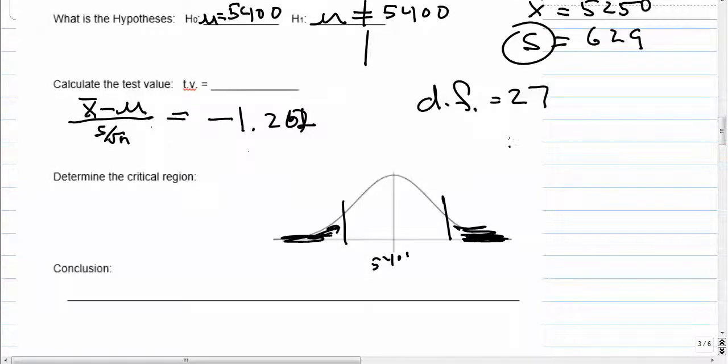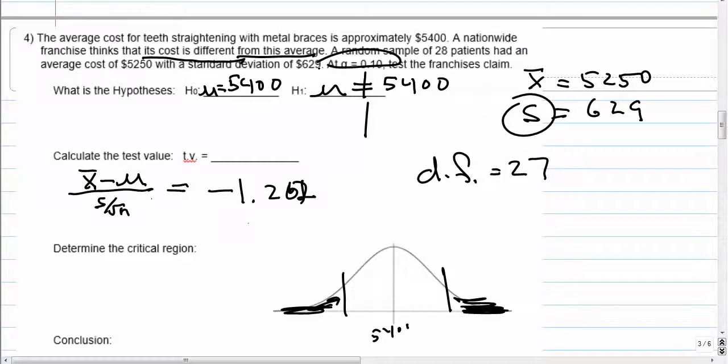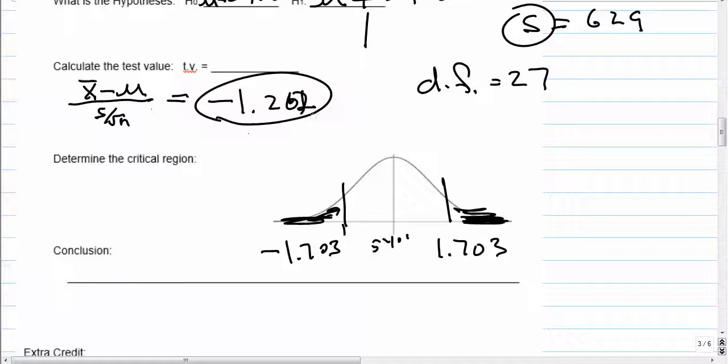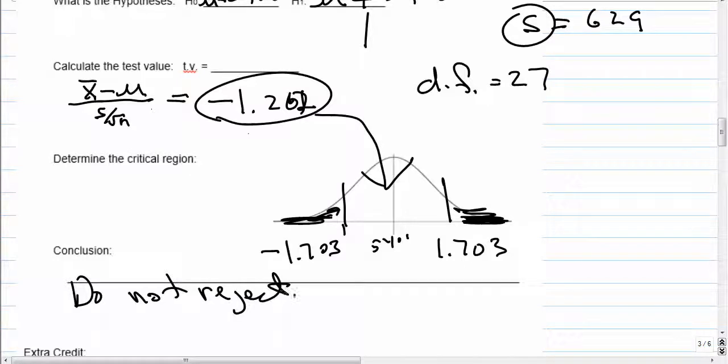You're going to be looking under a two-tailed test with an alpha value of 0.1, and if you look that up, you're going to come out with 1.703. So over here, it's negative 1.703. The test value here is not in the region of rejection, so we do not reject. Okay?